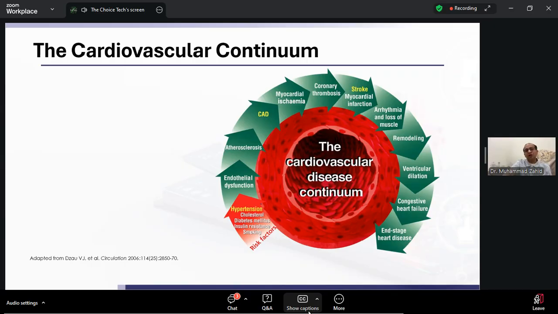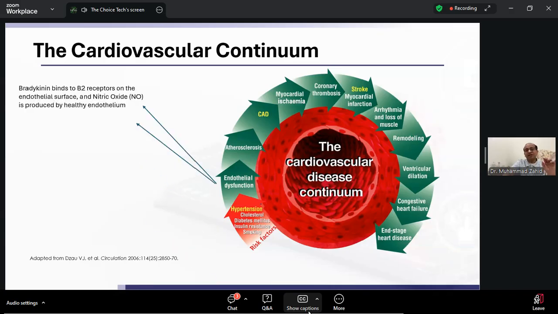What I mean by endothelial dysfunction is that the nitric oxide production goes down. Nitric oxide, number one, is a vasodilator, so we don't get vasodilatation. And it is an anti-inflammatory and anti-thrombotic agent as well. So when the nitric oxide production goes down, there is a persistent endothelial injury.